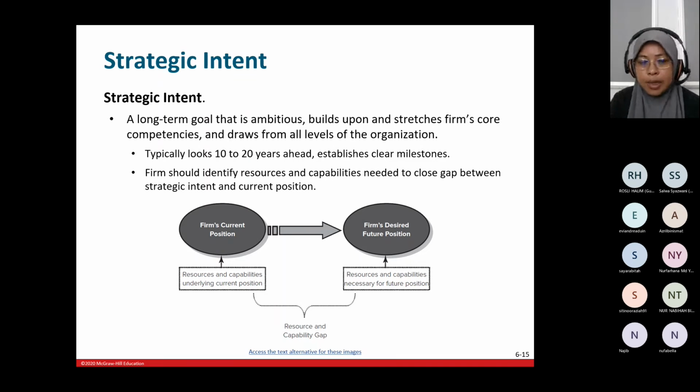So in that case, there is the firm's current position, the resources and capabilities underlying the current position, and the firm's desired future position, and the resources and capabilities necessary for the future position. So this is the resource and capability gap.